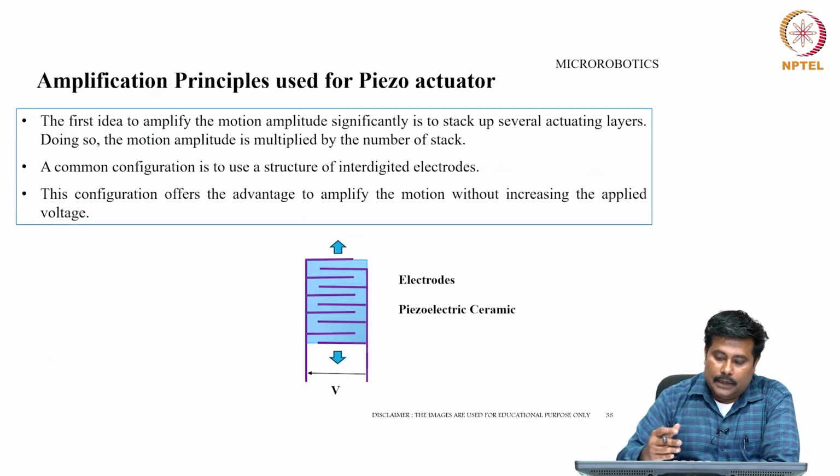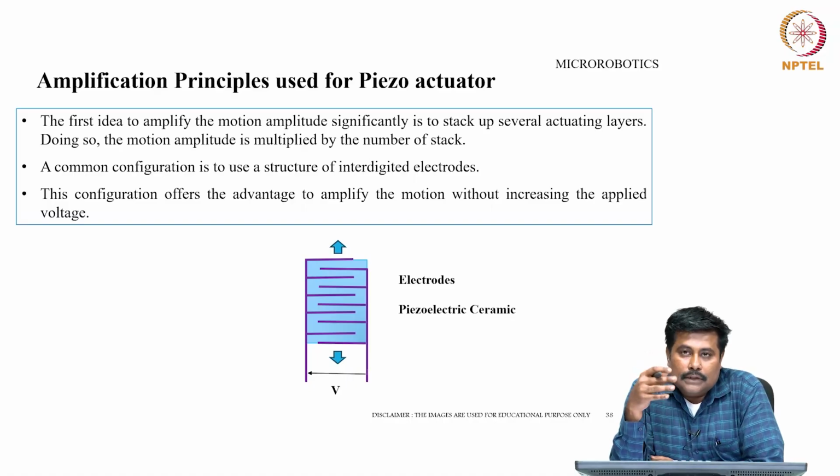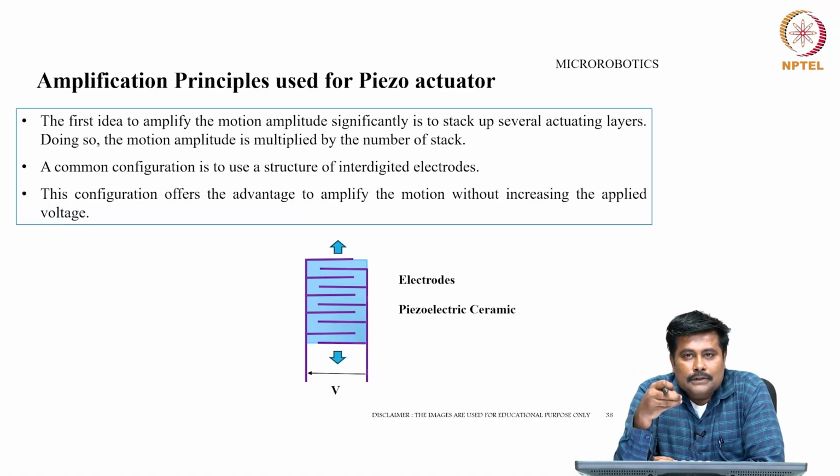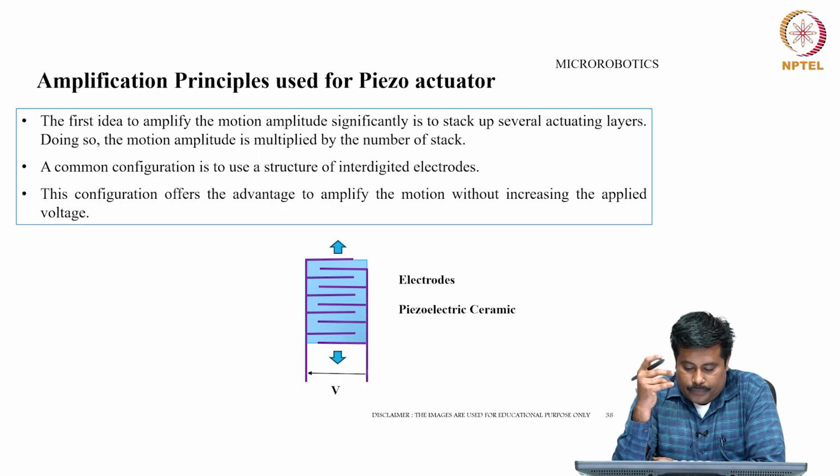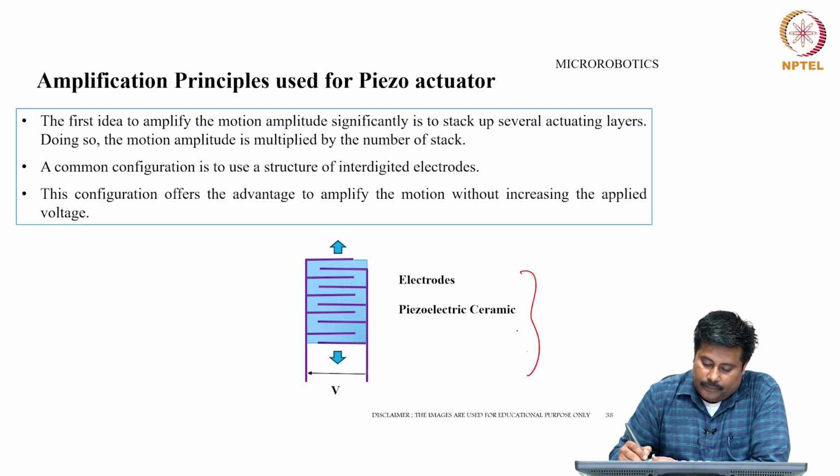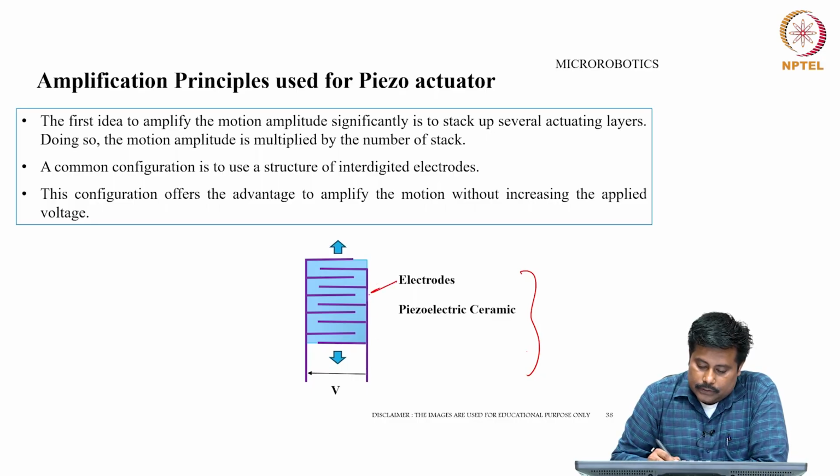Now, as I had discussed earlier, we may need to discuss the amplification principles which are used for piezo actuators. If you closely observe the amplification principles, there are electrodes and piezoelectric ceramics available. This is a kind of interdigitated structure.